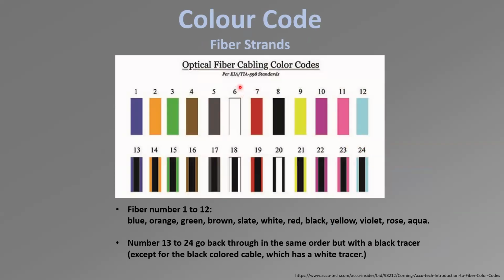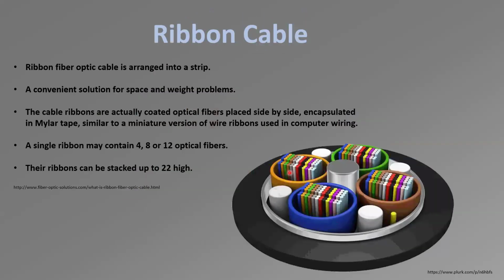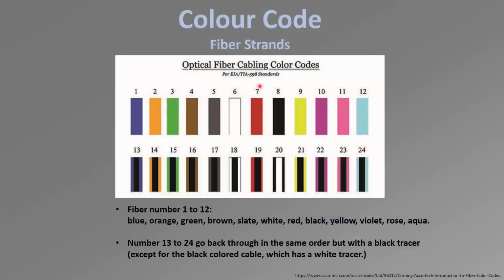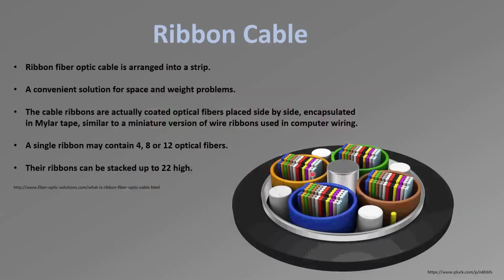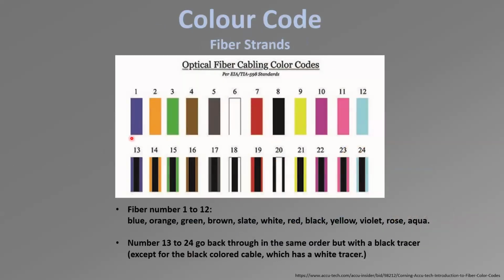As for the color coding of the ribbons, this is up to 24. Remember that one? Blue, orange, green, brown, slate, and white. Those fibers are color coded so you have an idea what you're holding at the other end.